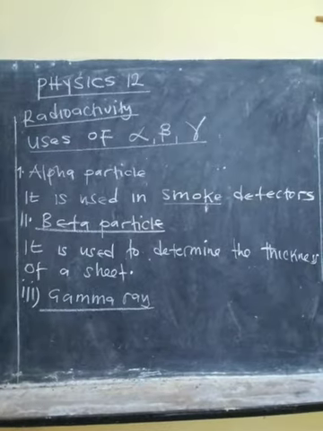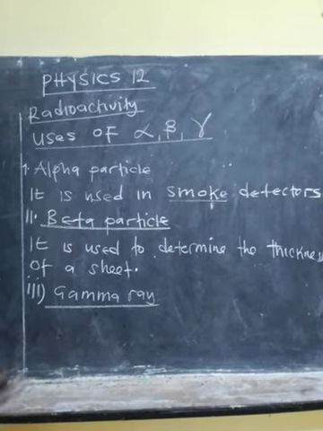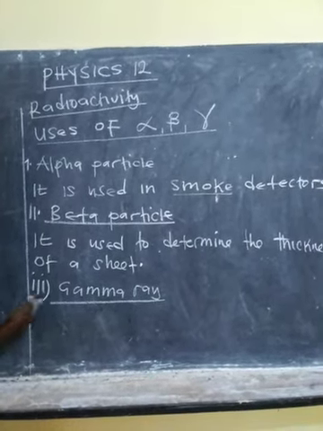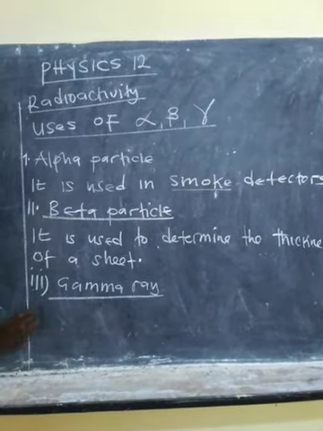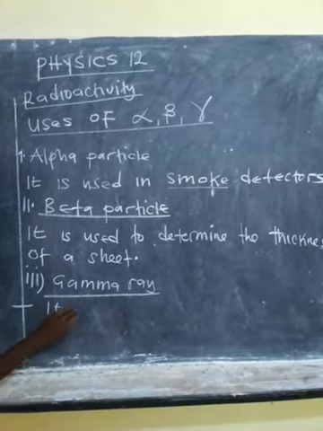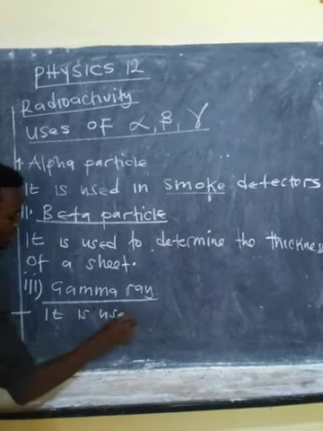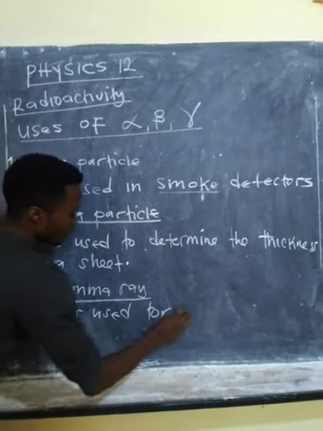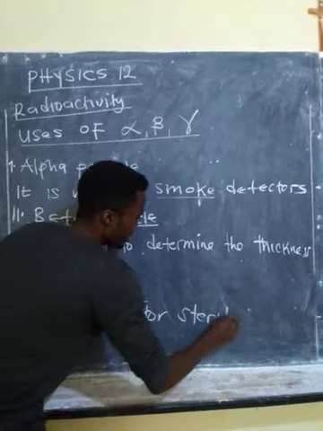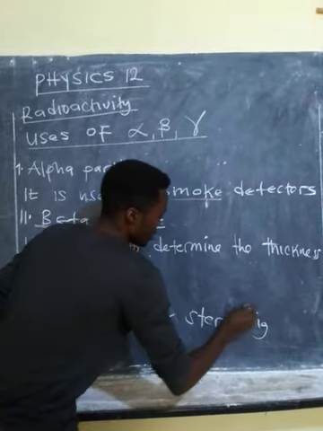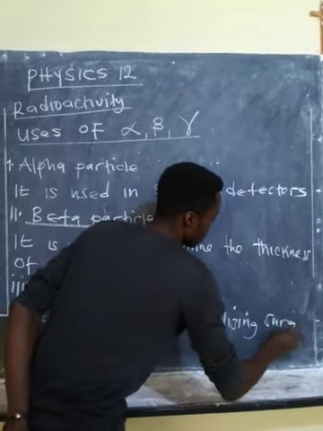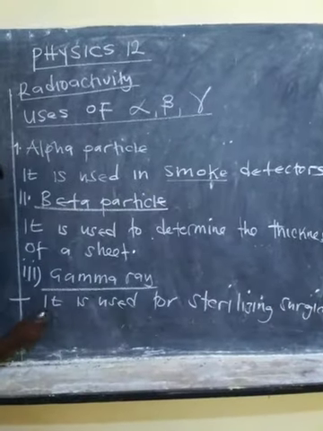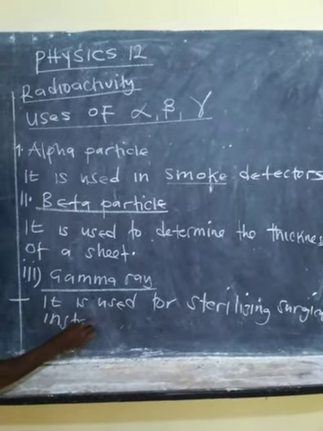For the gamma ray, we're going to say that it has got so many uses. Number one, I'll start with it is used for sterilizing surgical instruments.